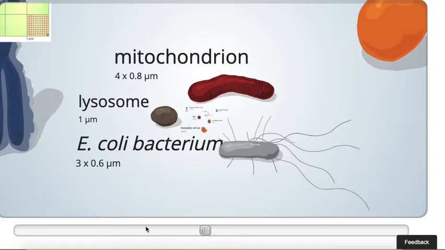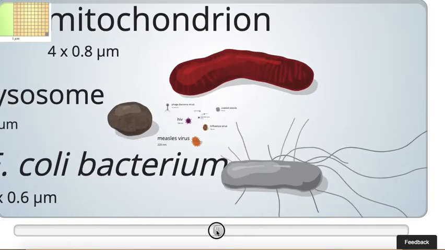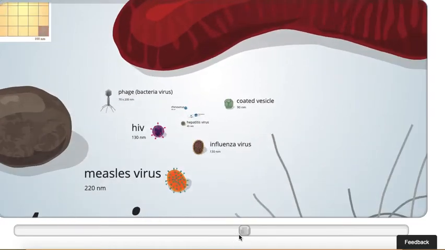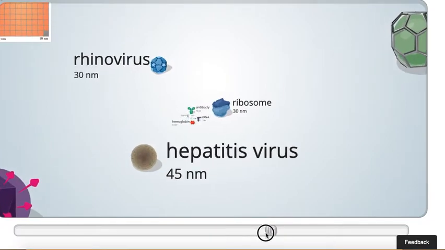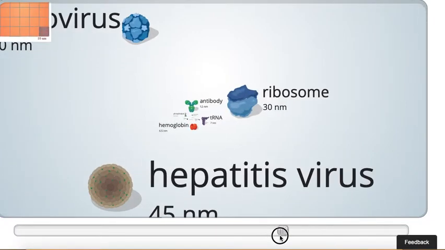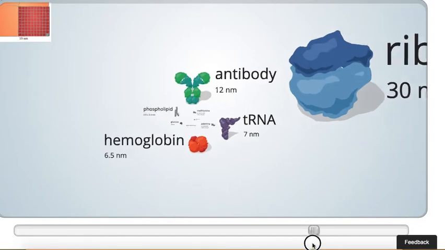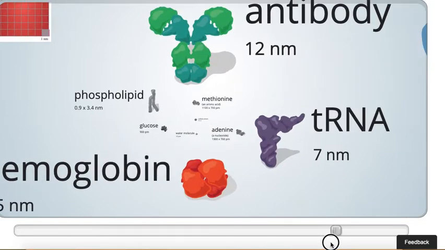Here's bacteria. And as we zoom in further, you can see the measles virus, the flu virus. You can see HIV, a phage, which is a virus that attacks a bacteria. Hepatitis, the rhinovirus, you can see these get very small. And then antibodies and hemoglobin.